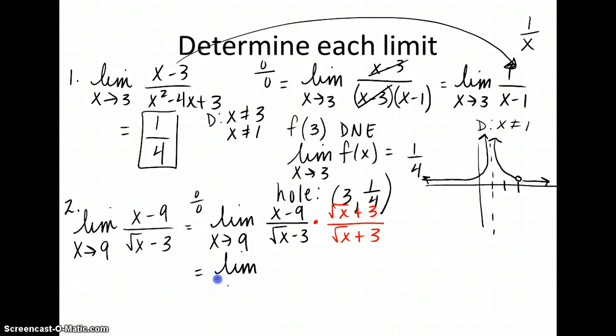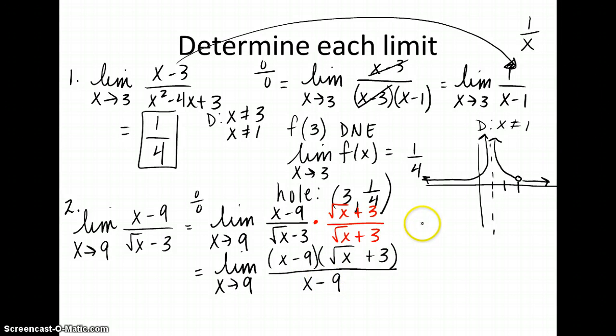So limit as x approaches 9. We will work on this in class. Do not expand the numerator. You'll end up making entirely too much work for yourself. Keep that in factored form. Now when I look at the conjugate, I only have to multiply the first and the last terms, because if I use my first, outer, inner, last, those middle terms will always cancel each other out.